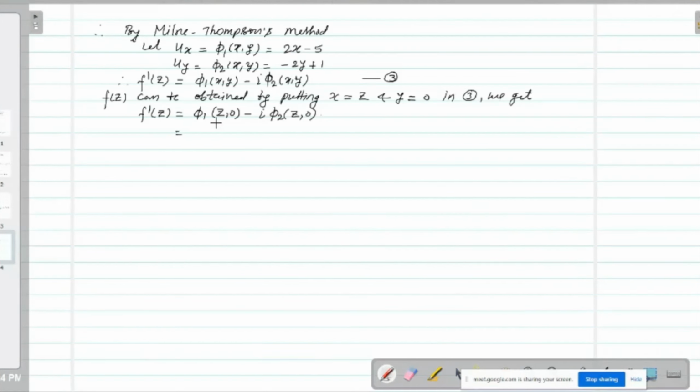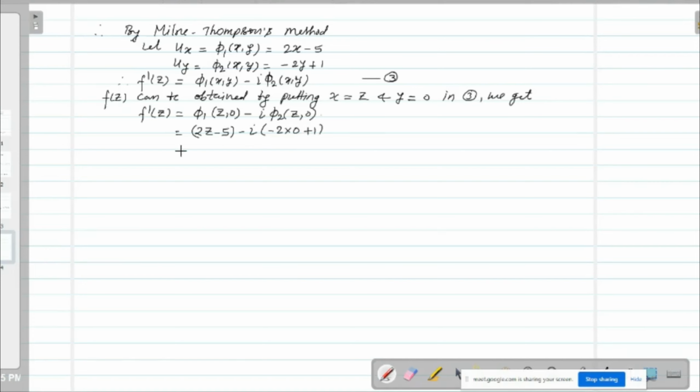So phi 1 of z comma 0. Just replace the value over here. Instead of x we write z. This becomes 2z minus 5, there is no y term, and minus i phi 2 of z comma 0. Here the y term is 0: negative of 2 into 0, and plus 1.